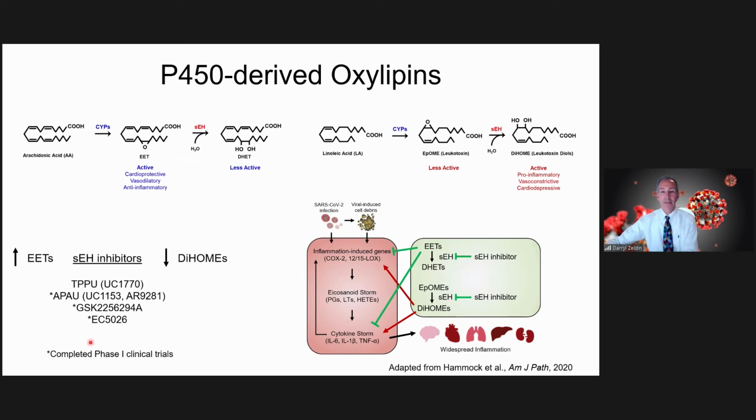Three of these soluble epoxide hydrolase inhibitors have been studied in humans in phase 1 clinical trials and found to be safe, and all of them have been shown to be effective in vivo in increasing EETs and decreasing DiHOMEs.